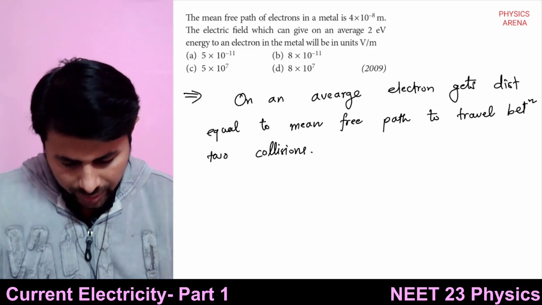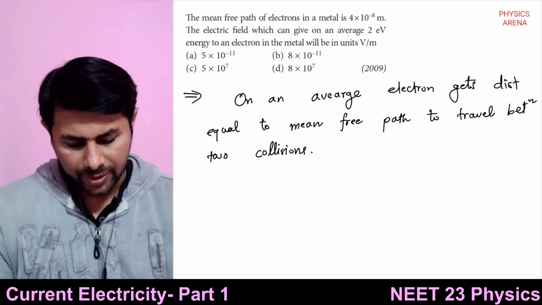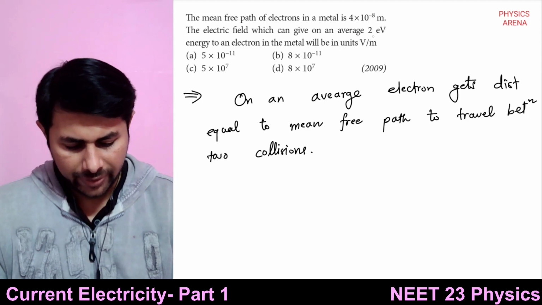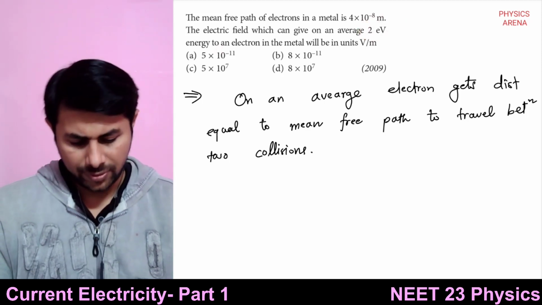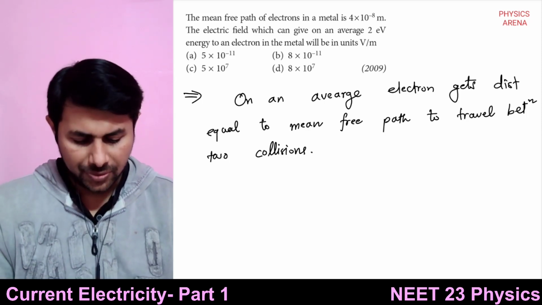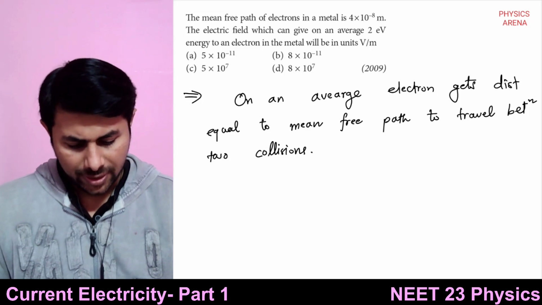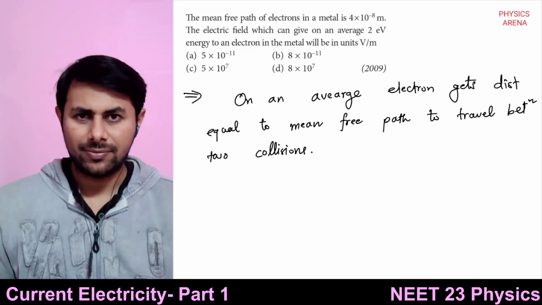Okay? So electric field is given, electric field which can give an average of 2 electron volts energy to an electron. So electric field is asked actually which can give 2 electron volts of energy. So electron volt is unit of energy.